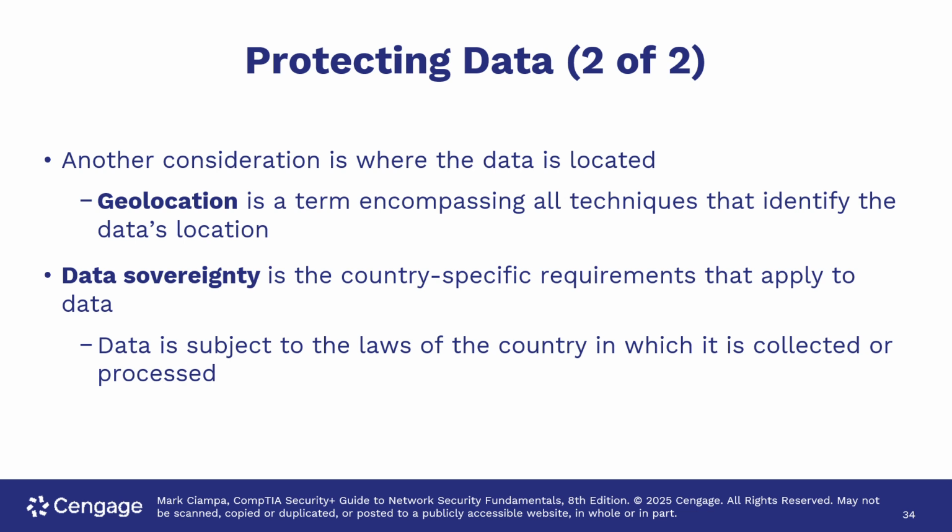For instance, if you go to some of these websites like Target or Walmart, oftentimes it'll ask if you want to allow it to use your geolocation, because then it'll look in its database and find the nearby stores relative to your location, so you don't end up looking at a store, say, in California. Data sovereignty is the country's specific requirements that apply to data, and the data is subject to the laws of the country in which it's collected or processed.